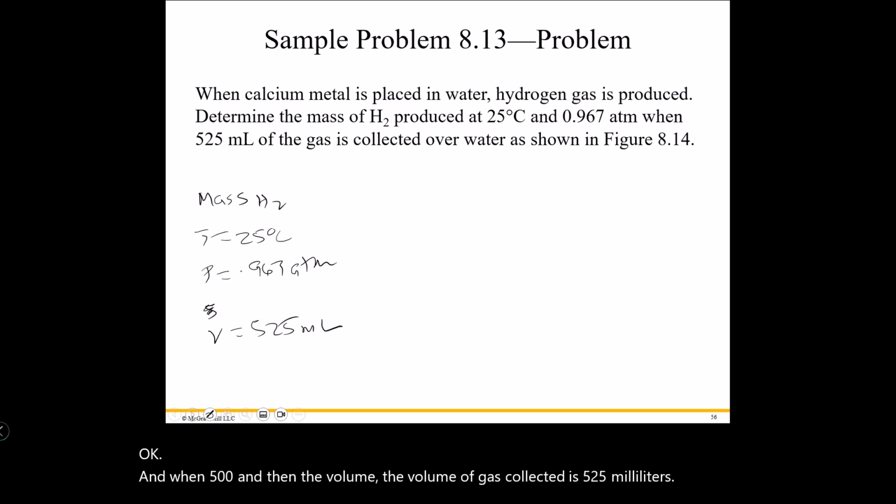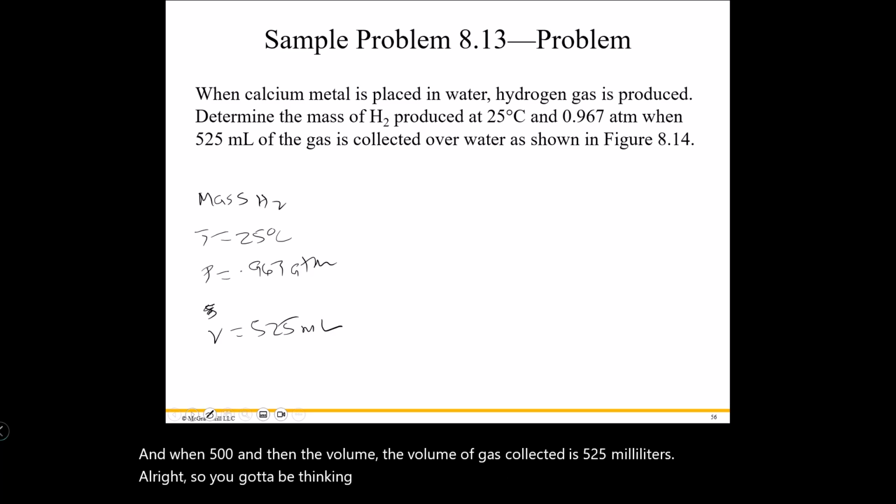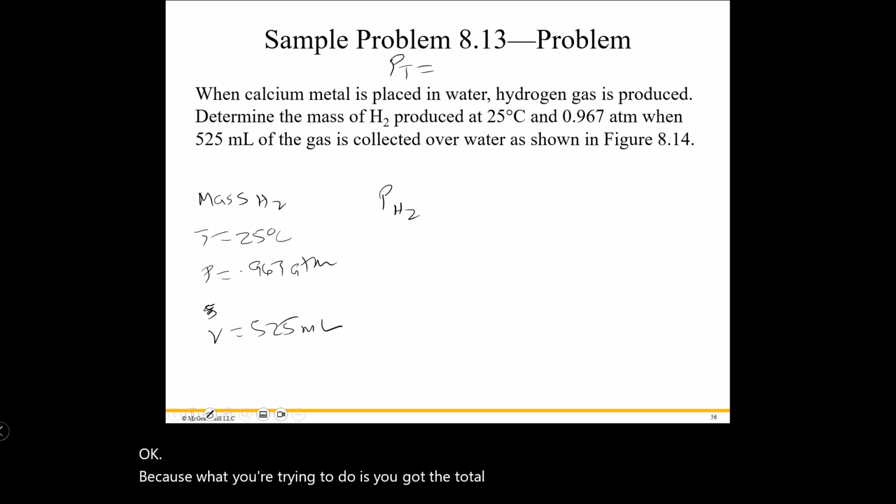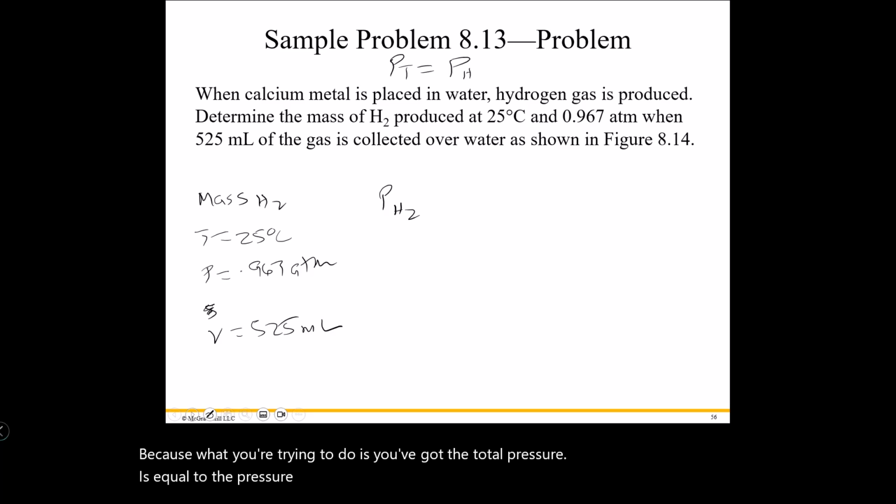So you ought to be thinking, what's the pressure of the hydrogen gas? Because the total pressure is equal to the pressure of the hydrogen gas plus the pressure of the water, and we're trying to get the mass of the hydrogen gas.